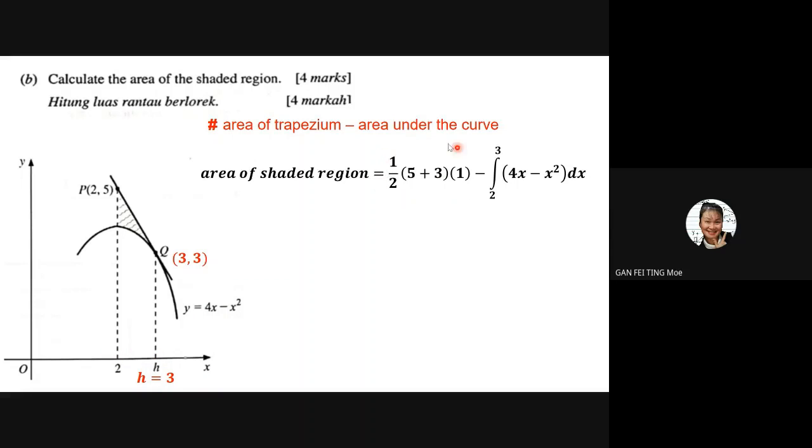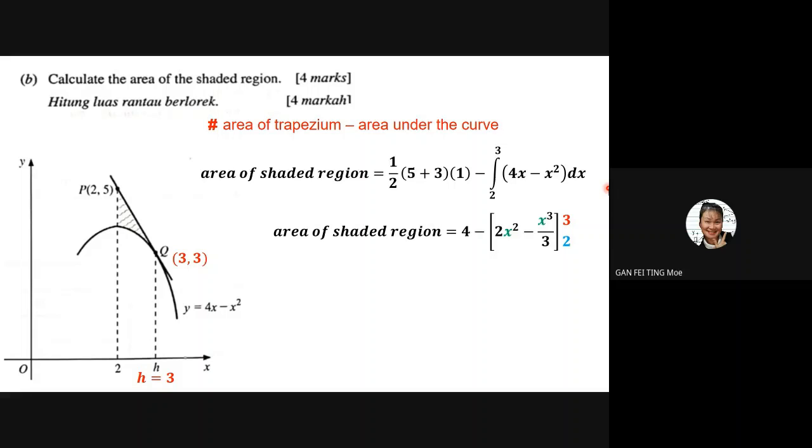This must be correct, because this is one mark. Then minus, as Daniel said, from 2 to 3, find the area under the curve: 4x minus x squared. This whole thing does not yet earn a mark.